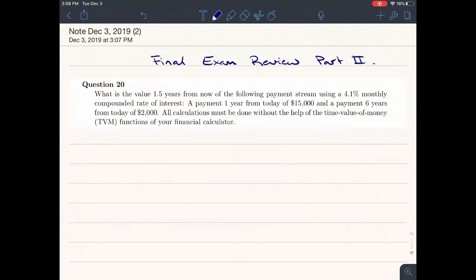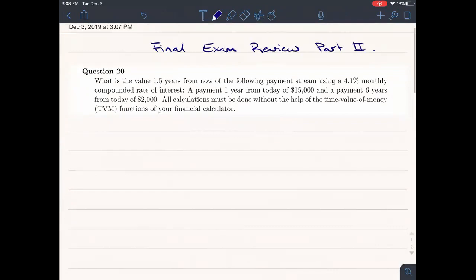Hopefully we won't run out of time, but it usually works out. The mortgage question is supposed to be like the easiest marks on the final. Well, they all should be pretty easy at this point. No, not easy, but familiar.